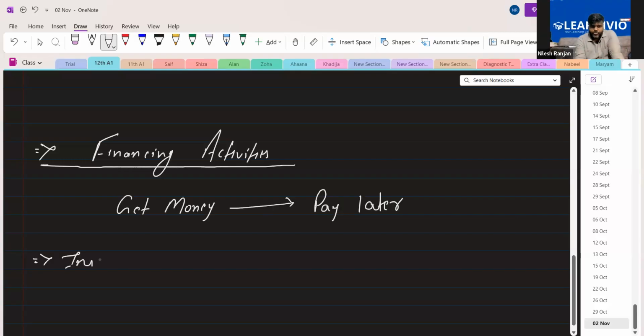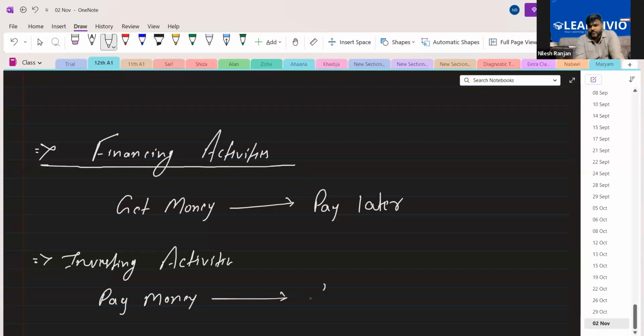This is just the opposite in investing activities. You pay money first to get some return, so to get money later.